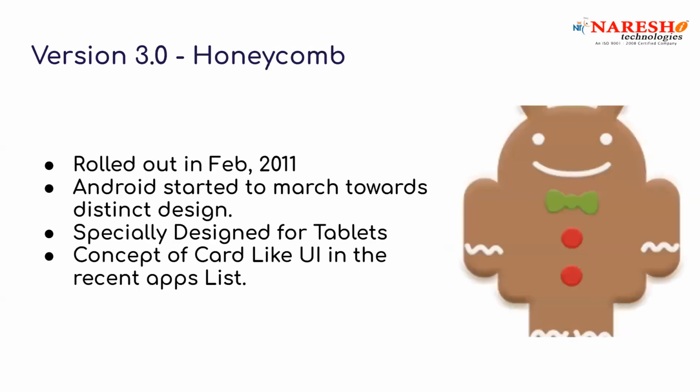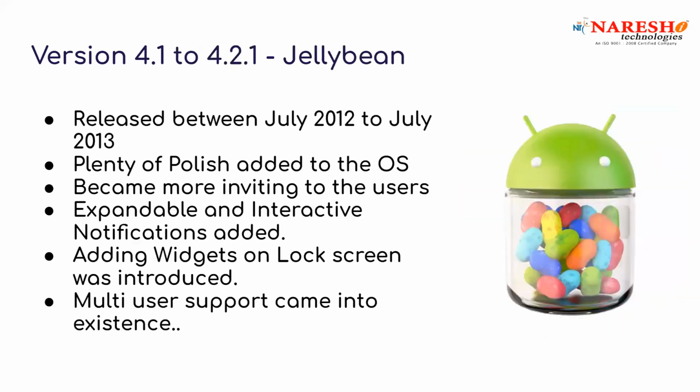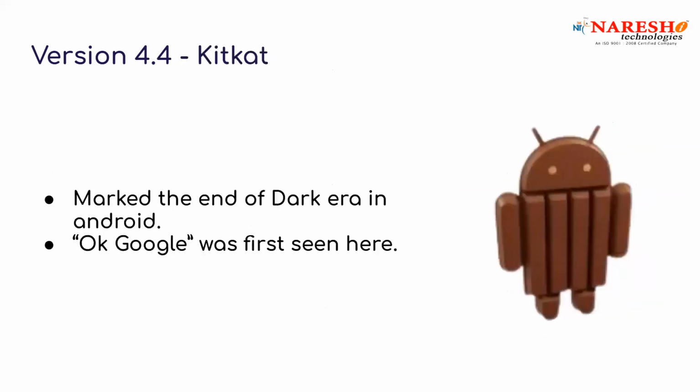Honeycomb, 3.0, is made only for tablets, not for mobile devices. Ice cream sandwich is for both mobiles and tablets. And from 4.0, we see the UI design, and we'll see the same kind of design till date. There are a few changes happening over time.